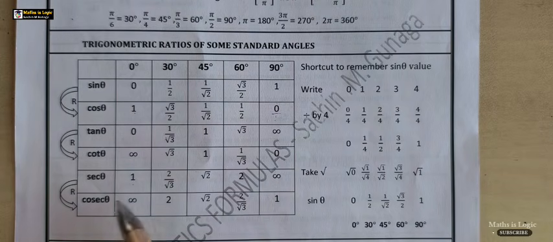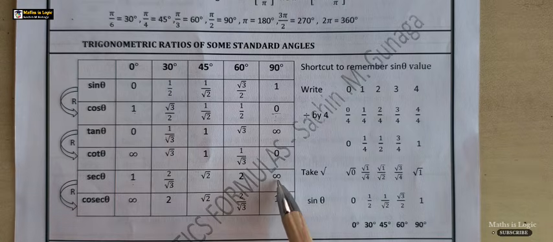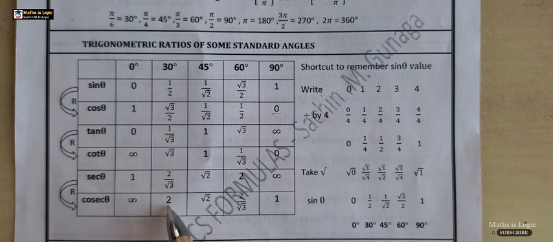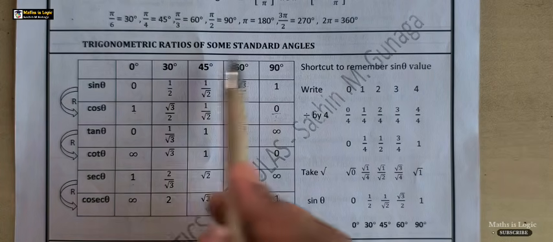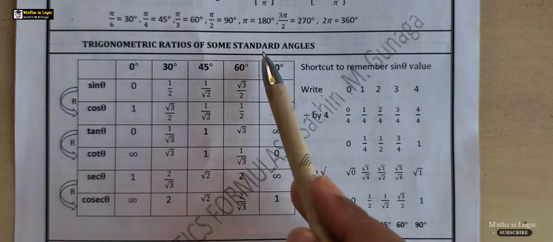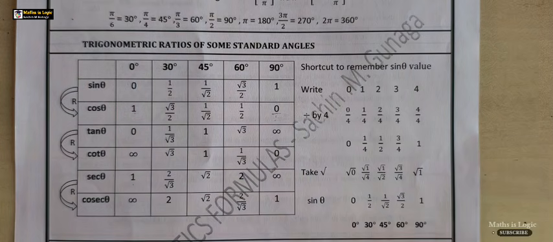Once we get sec theta, take the reverse for cosec theta. Last value comes first, second last goes to second, third remains third, second goes to second last, and the first value comes at the end, that is 1. This is how we need to remember the trigonometric ratios of standard angle table.